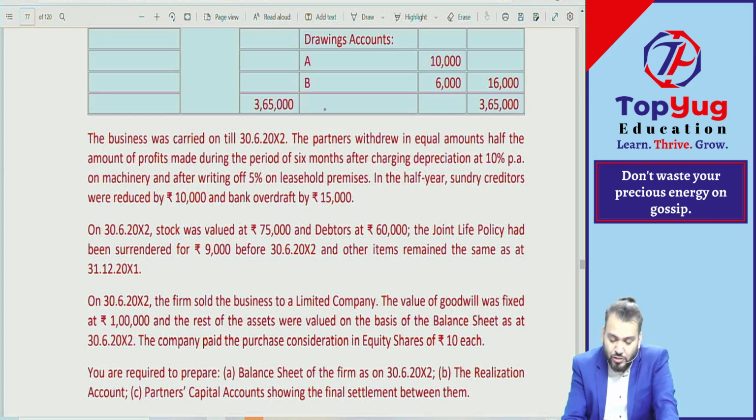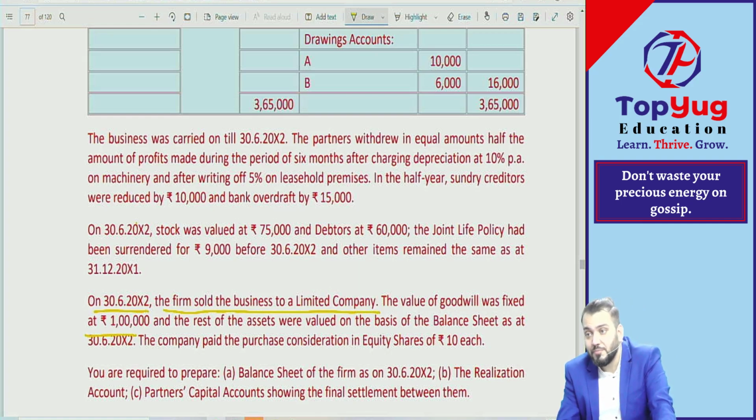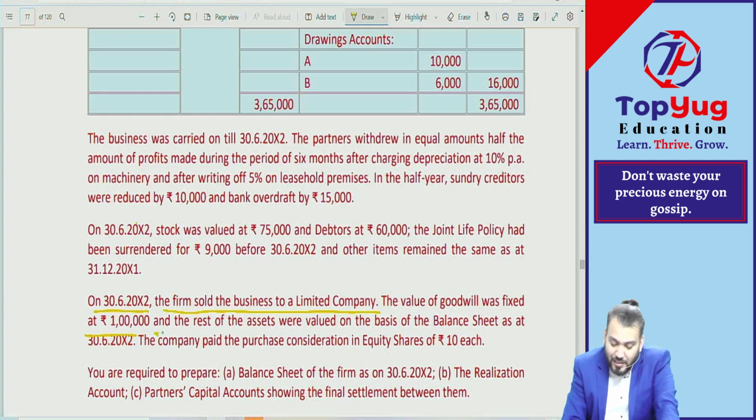On 30th June, which becomes the date of event, the firm sold its business to a limited company. The value of goodwill was fixed at rupees 1 lakh. The rest of the assets were valued on the basis of the balance sheet as on 30th June, so all other assets and liabilities are taken over at book value.